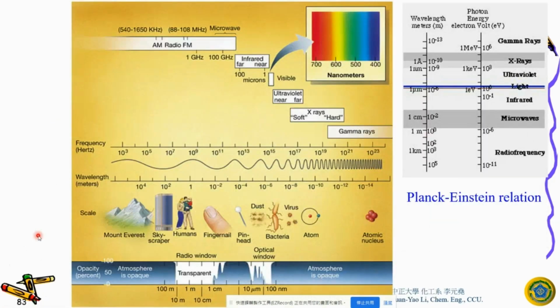Okay. So when we talk about spectrum, actually there's a full scale of spectrum. Not only what we can see, but it also extends to the short wavelengths and the very long wavelengths. And this is called the electromagnetic spectrum. It starts from very long wavelengths and becomes very short wavelengths.